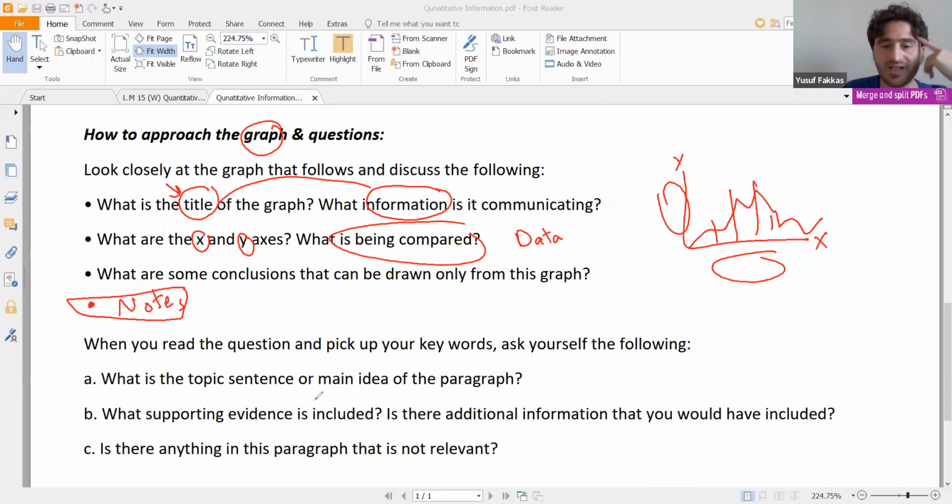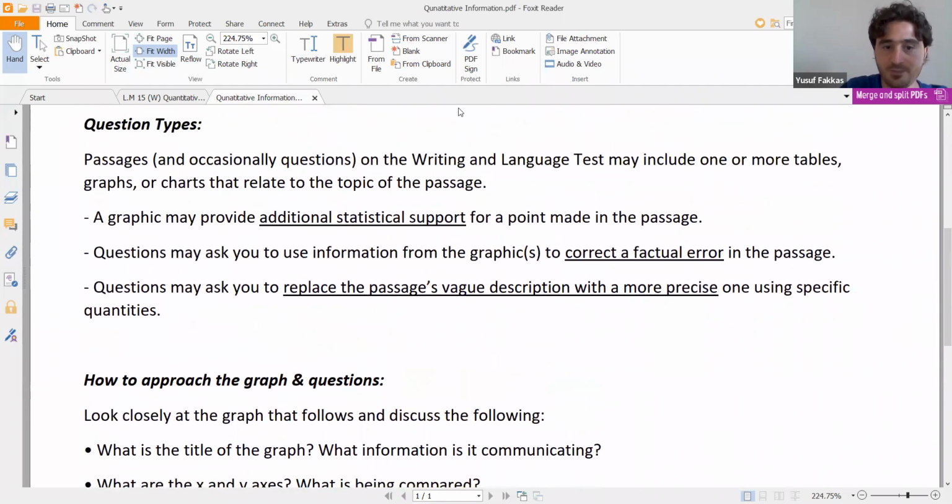Of course, these are some other things we usually do by reading, like what is the topic sentence of the paragraph? What is the main discussion in the paragraph? What kind of evidence can we include? What kind of information, again, can we include? And if there's anything that's not relevant. Okay, but let's focus on two things. First of all, decide what type of question you have. Okay, is it to add statistical support? Is it to correct an error?